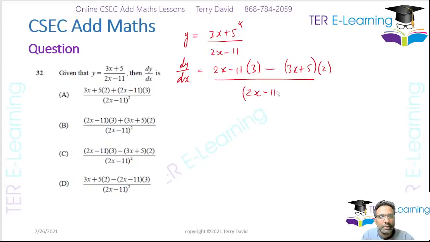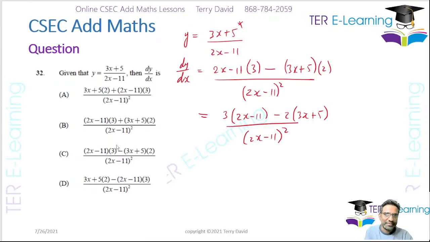Now be careful how you're simplifying the top. Let me write this a little neater. So this is (2x minus 11) times 3 minus 2 multiplied by (3x plus 5), all over (2x minus 11) squared. I just realized in the question they don't want us to necessarily simplify it, so the answer looks like B.